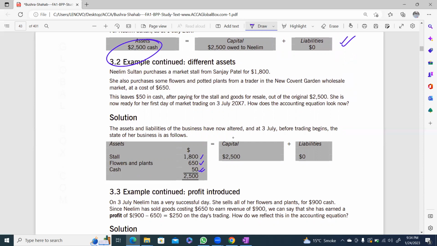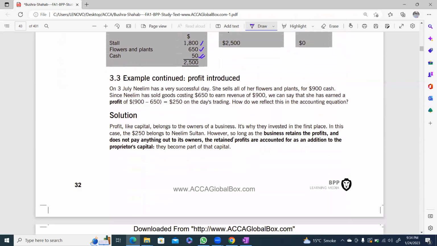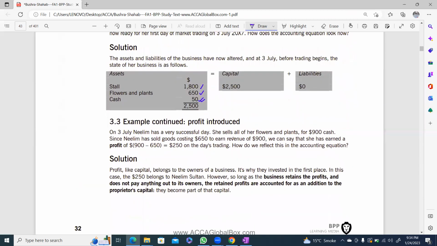Miss, are these the double entry systems that you are telling me? No, these are not double entries. We are just starting from scratch. These are basically the effect of each of them on the accounting equation. Like what will be the effect on asset if you buy something?